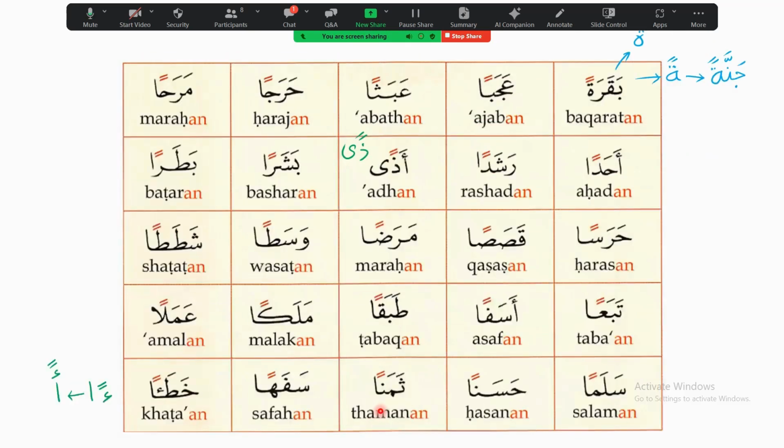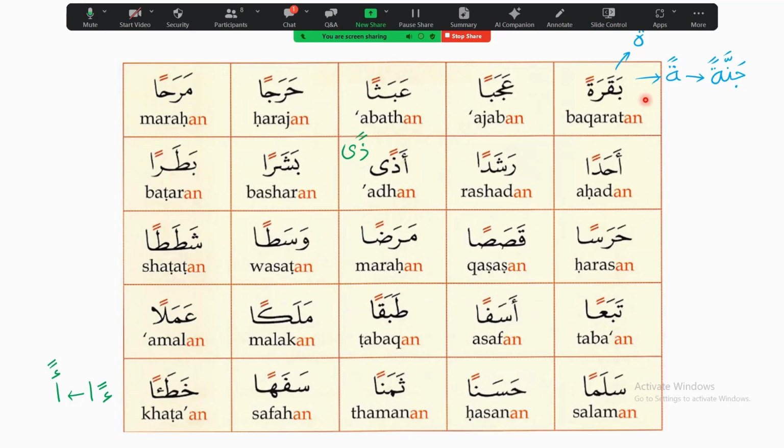So moving onwards with the examples here, we'll just do a few of these examples, and we'll inshallah move to the kasratain for today as well. So the example here, with the words, is an exercise for you as well. The first one written here is baqaratan. In this word, I told you that tanween is always going to come at the end of the words, on the last letter, the last alphabet.